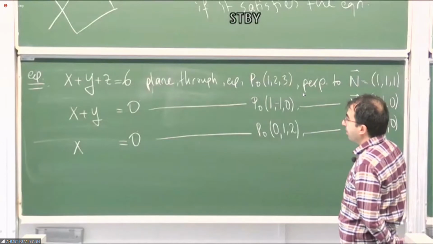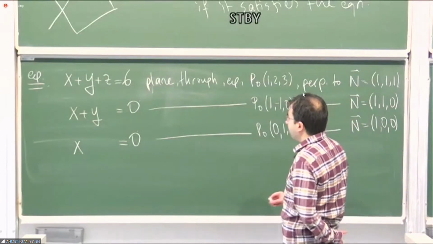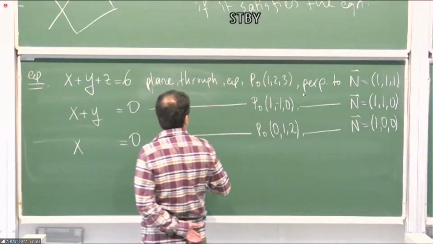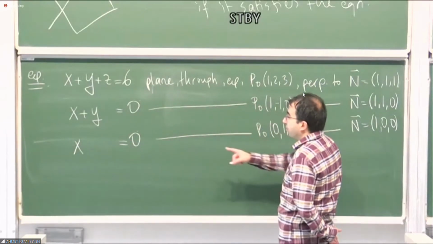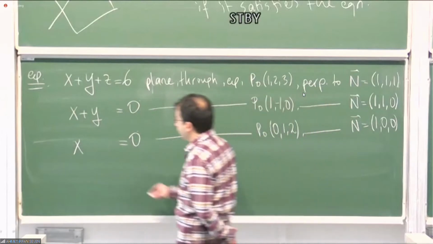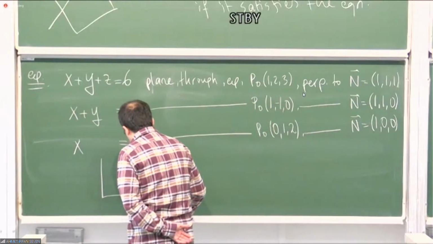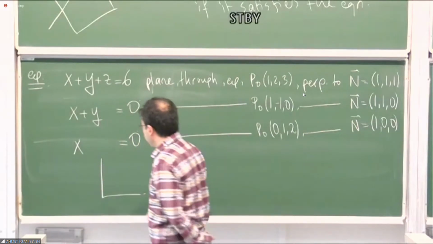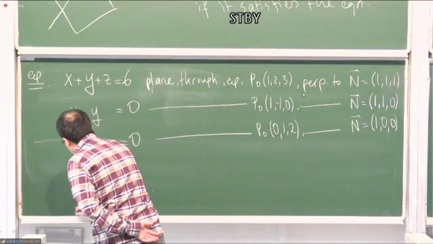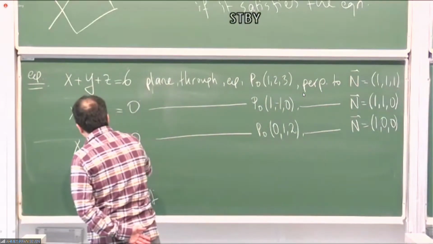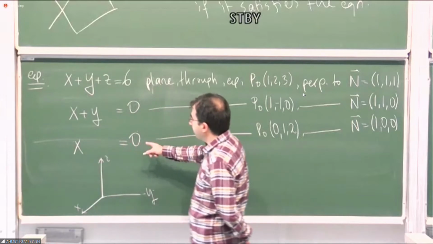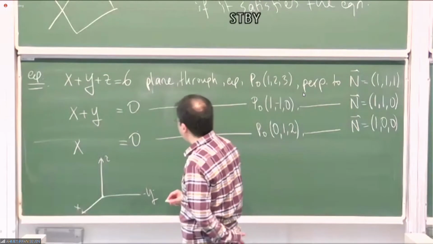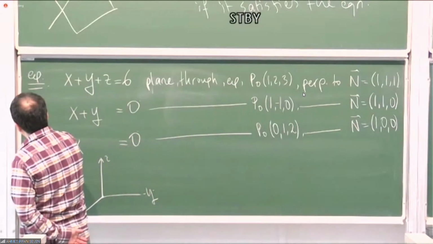Similarly, we can write other equations. But let me draw your attention to this one. So x equals 0 is the yz plane. This is x, y, z. So this is the set of points whose x coordinates are 0. This would be the yz plane.